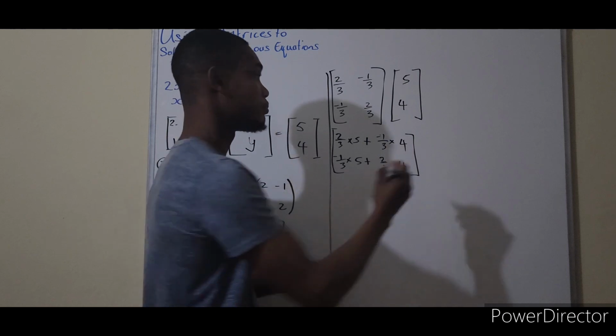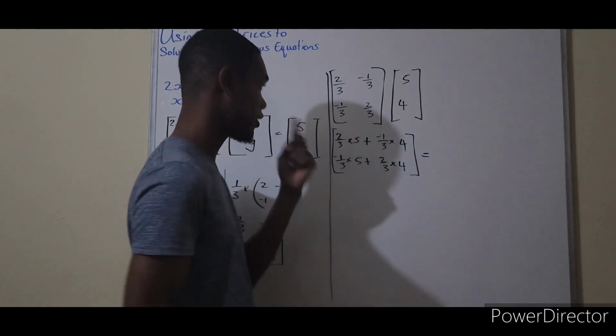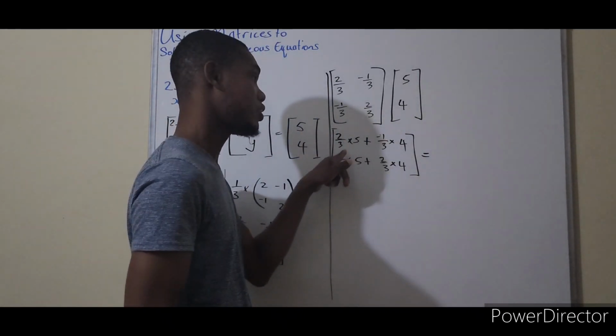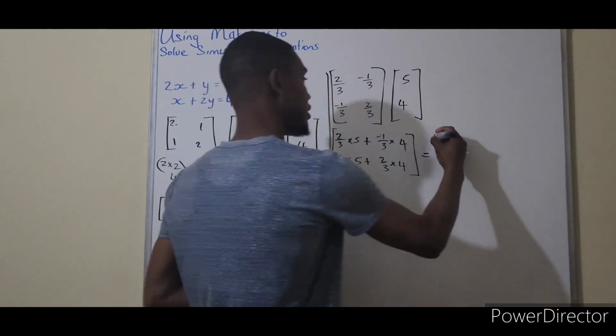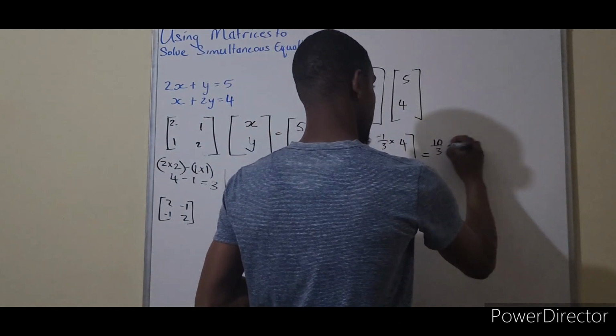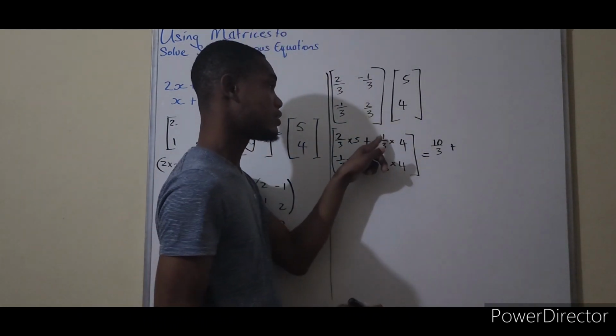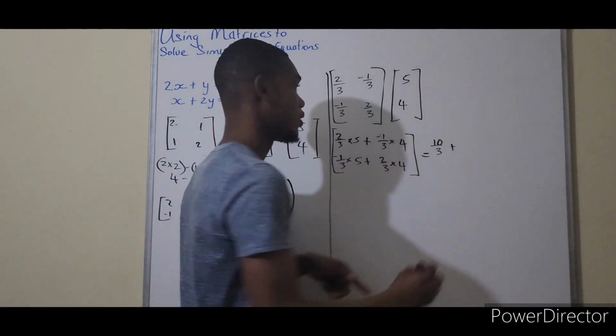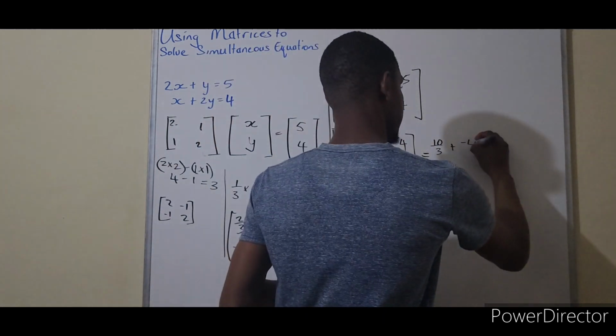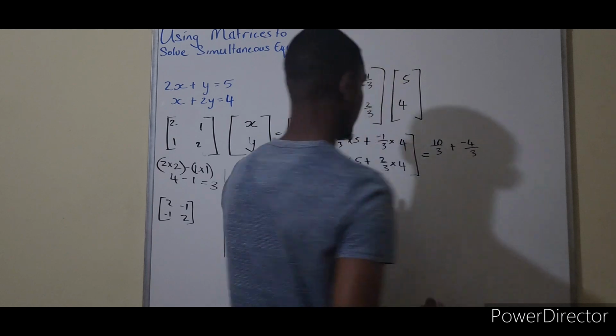From that, you will simplify. 2/3 times 5 would be 10 over 3, plus negative 1 over 3 times 4 would be negative 4 over 3.